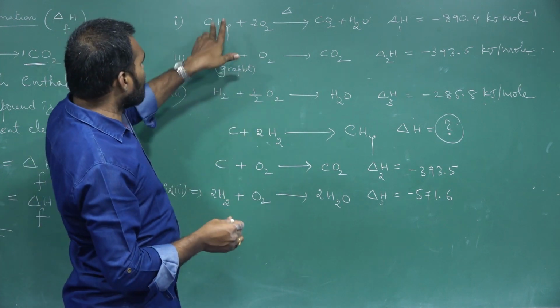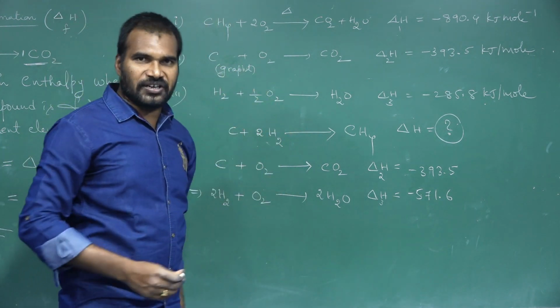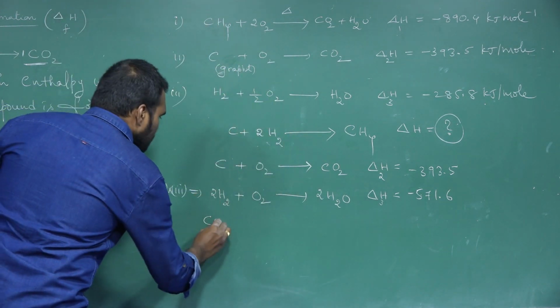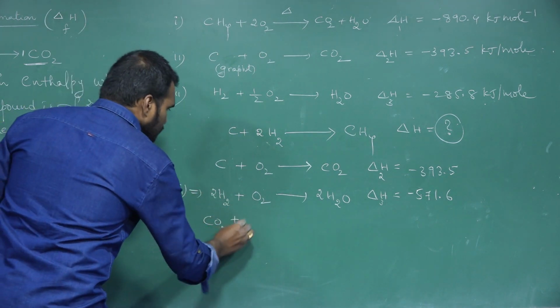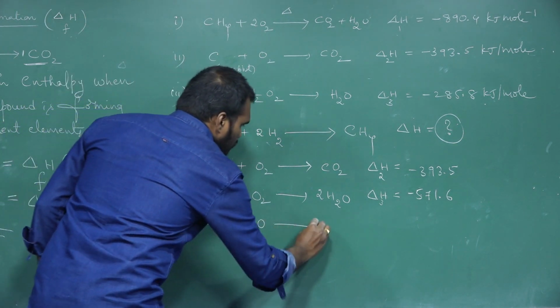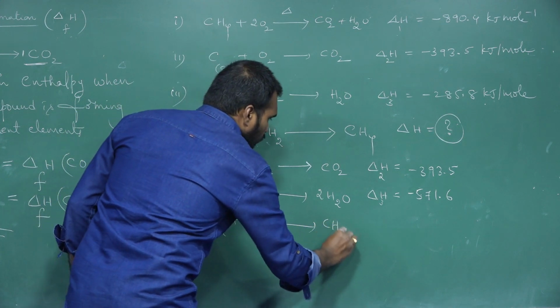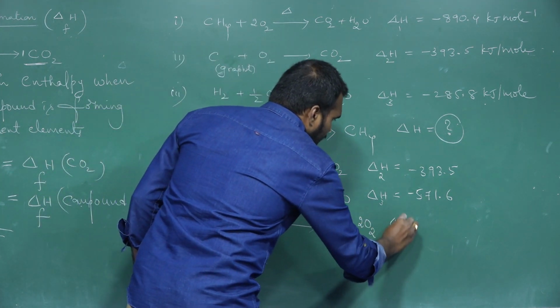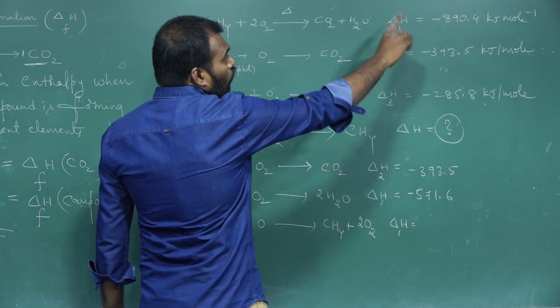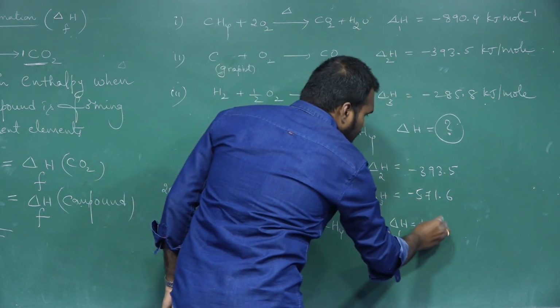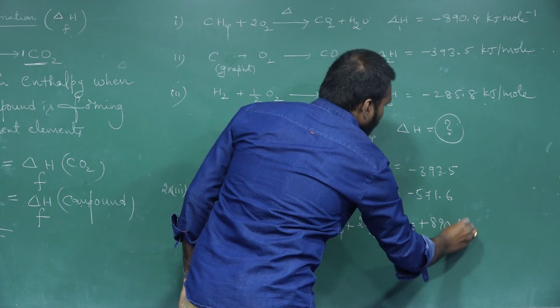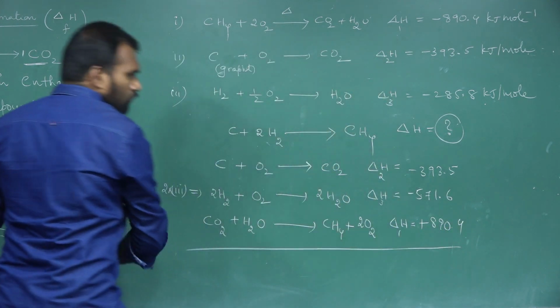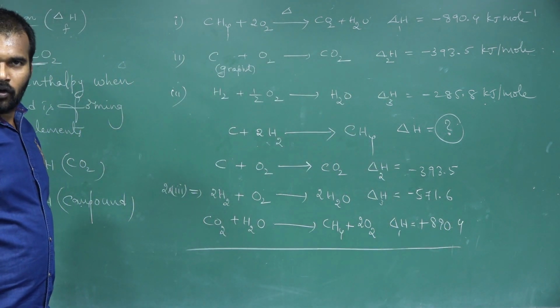So write the first equation in the reverse way: CO2 plus 2H2O gives rise to CH4 plus 2O2, and the del H value, which was negative, becomes positive, plus 890.4. Add these three.